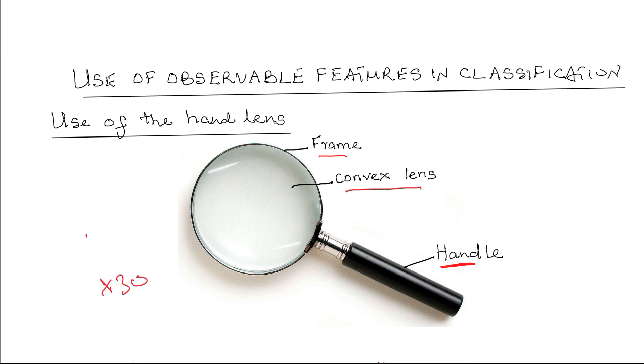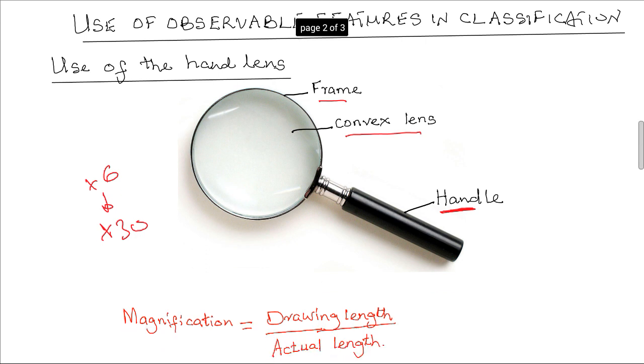In fact, the magnification ranges from times 6 up to times 30 for most hand lenses. So when using a hand lens, we are able to observe features on a specimen that would otherwise be very difficult to observe using our naked eyes.